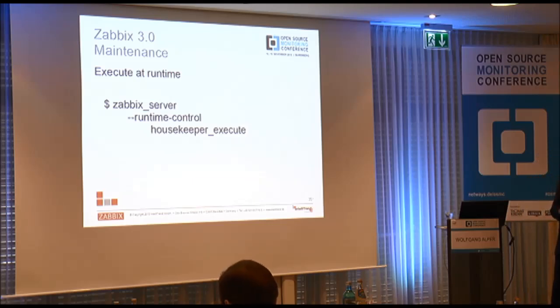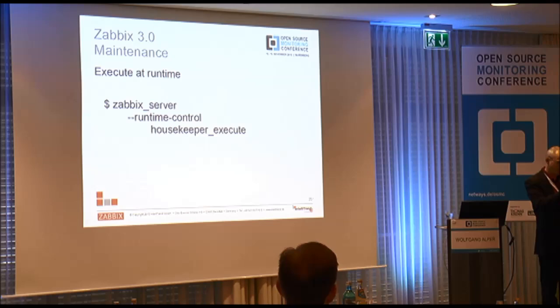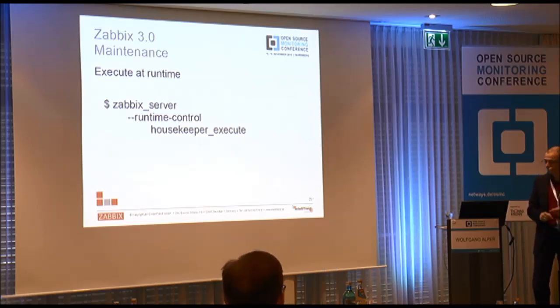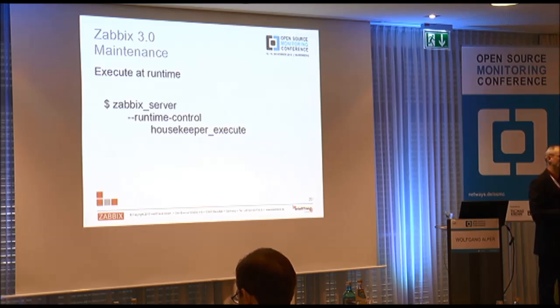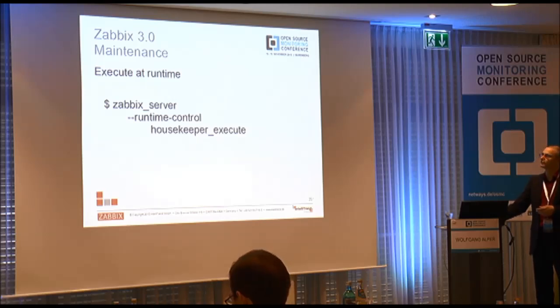And Zabbix introduced the runtime control parameter, and now you can do the housekeeping, which means a database cleanup, by just issuing this command without having a downtime on the Zabbix server. It's a feature that the community really requested quite often. So those of you working with Zabbix more on a day-to-day basis will know what I'm talking about.